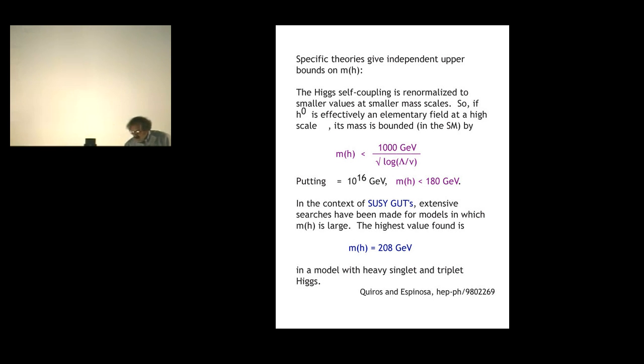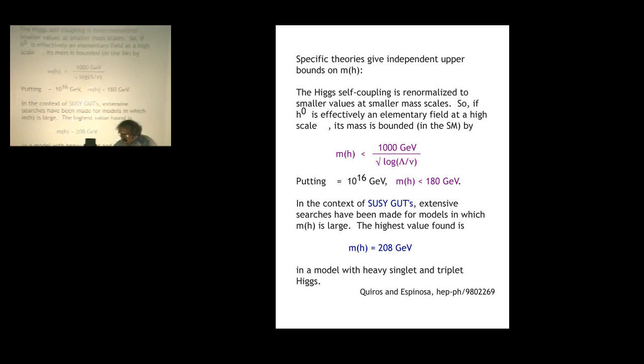Now, aside from the direct experimental measurement, if you go into different theories, you can find independent upper bounds on the mass of the lightest Higgs boson. In the standard model where the Higgs is an elementary field up to a certain scale, that actually gives you a different and quite separate argument.